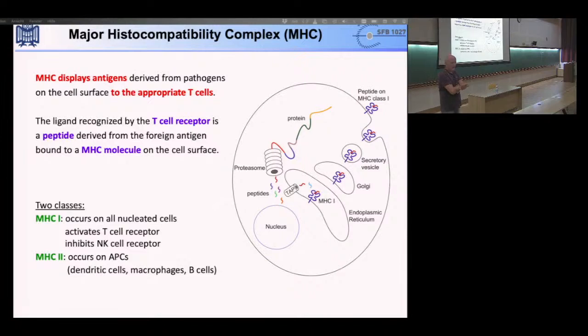They all carry different, stochastically generated keys, so every T cell has another key. Therefore, activation also means proliferation. When this T cell proliferates, the activated T cells all have the same key.